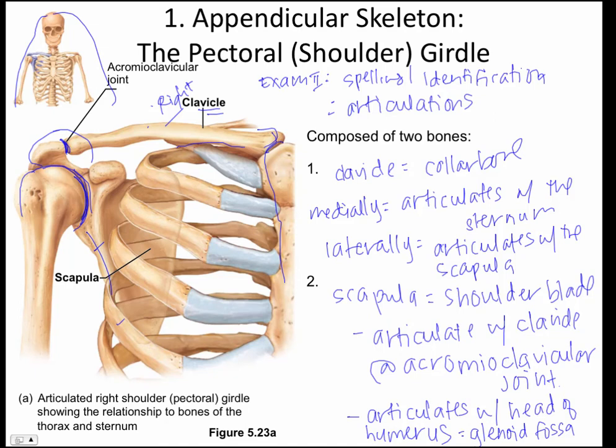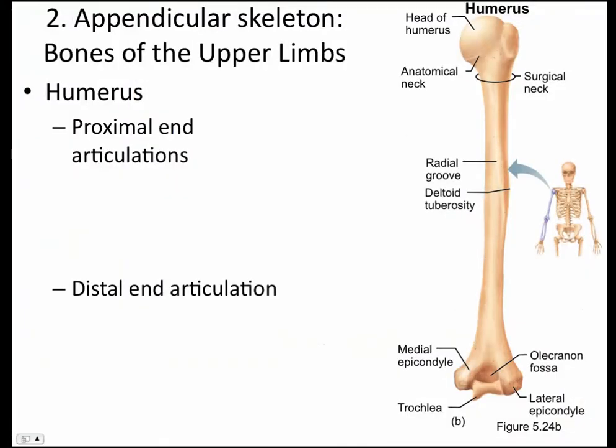Okay, and so you do not need to know bone markings. And I know in your textbook there are other pictures of the clavicle and the scapula. It'll say like sternal end, acromial end, superior angle, lateral border, and so on and so forth. But you do not need to know those anatomies and those different terms.